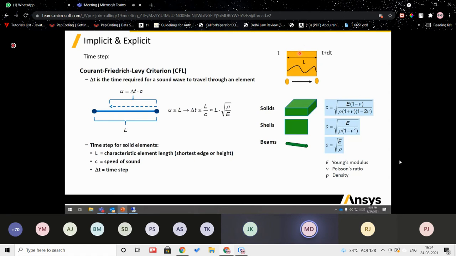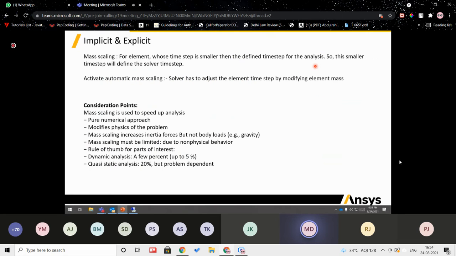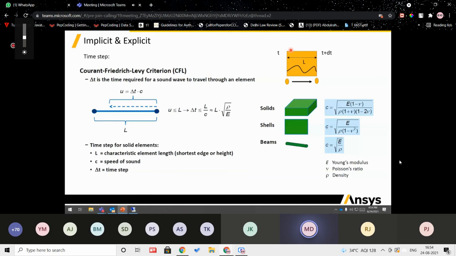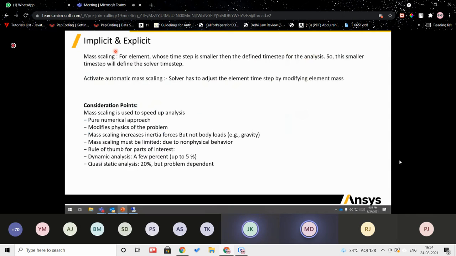That time should always be lesser than this time. But how much lesser should this time step be? We have seen that we can get this value from here, but how to address the time step from your algorithm, or the time traveled for the computation in your element? There comes mass scaling.